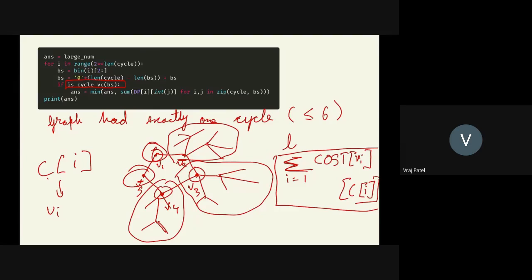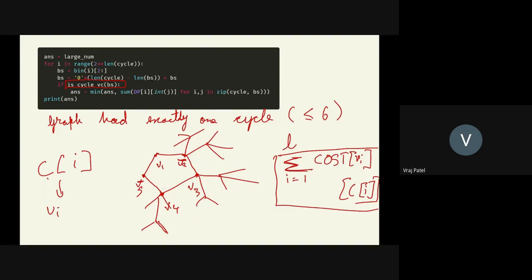So this is what Kishan told. There is also another way of dealing with this. Suppose let us consider just one particular vertex of the cycle. In this case you don't even need to restrict the size of this cycle.